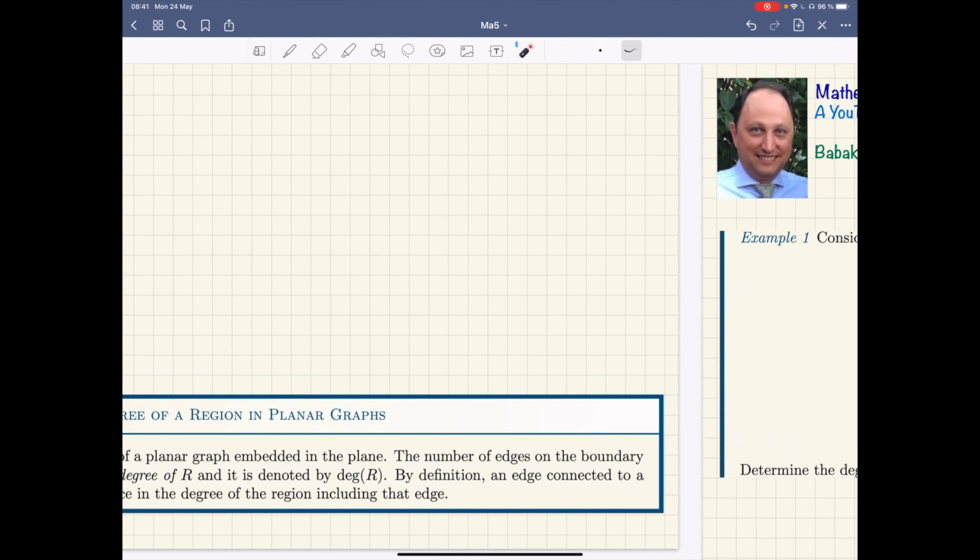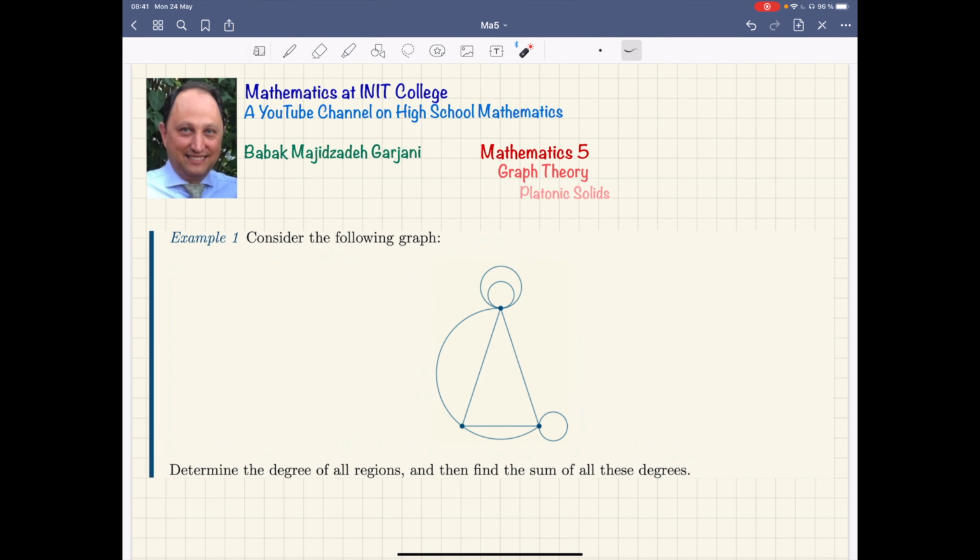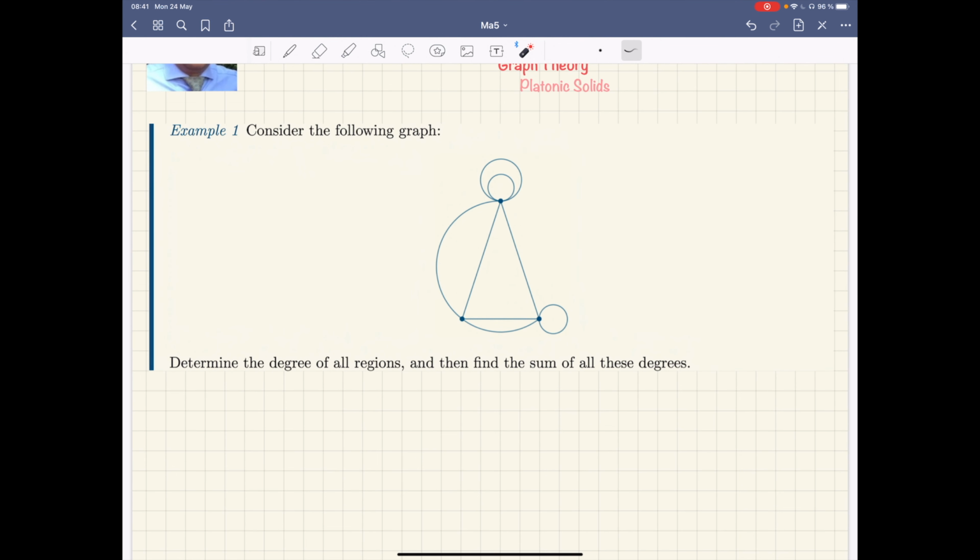So let us understand this concept here. Consider the following graph. Determine the degree of all regions, and then, this is an interesting pattern, find the sum of all these degrees. First of all, let us concentrate on finding the regions.